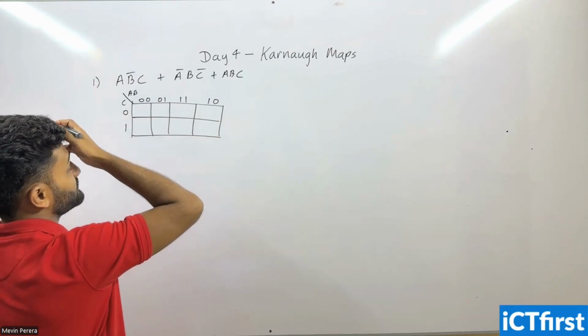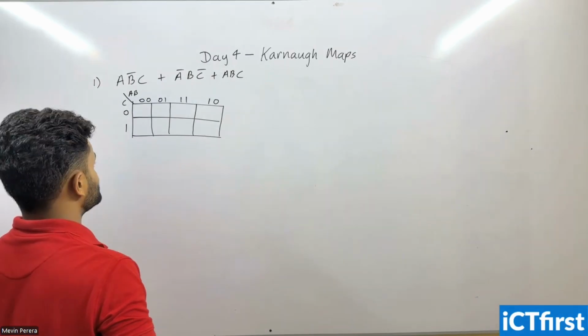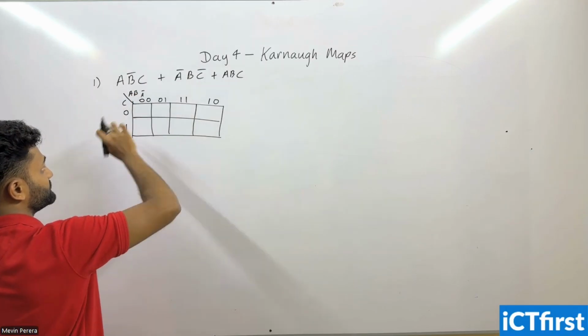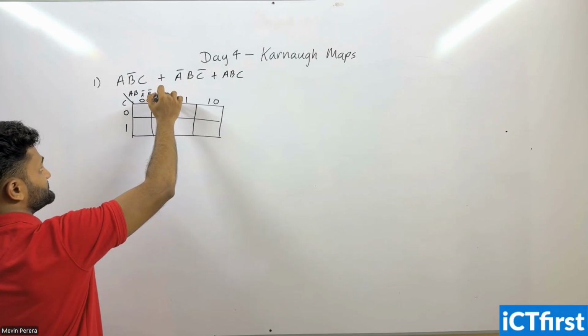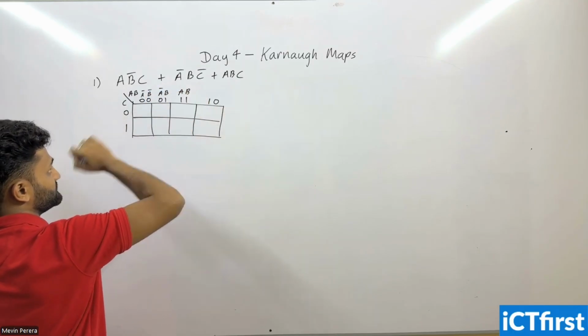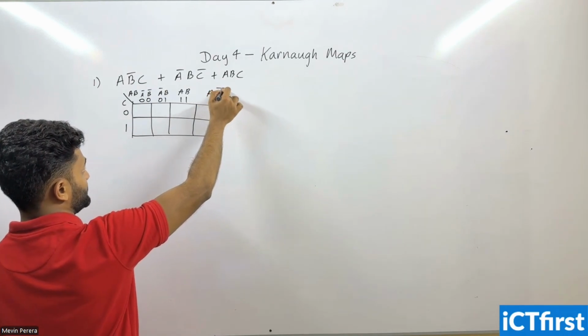0 0 0 1 1 1 0 0 1. To make it easy for y'all, you can write it on top. For example, if it is 0, that is A bar, here it's A bar B bar, this is A bar B, then here A B, there are no bars, and this is A B bar.